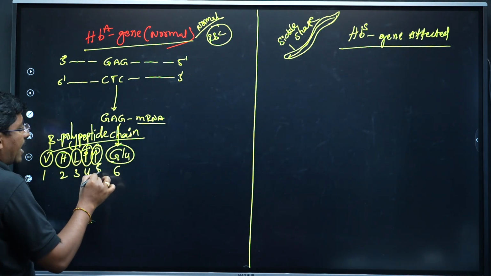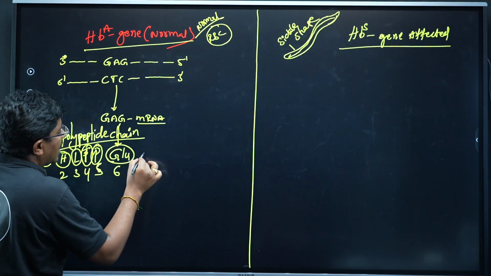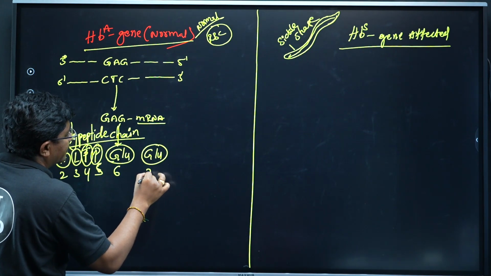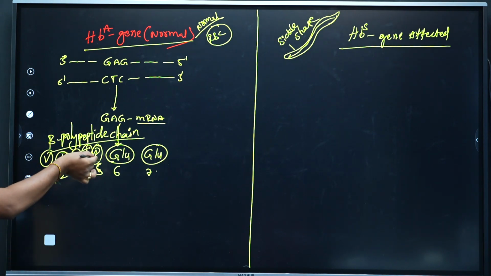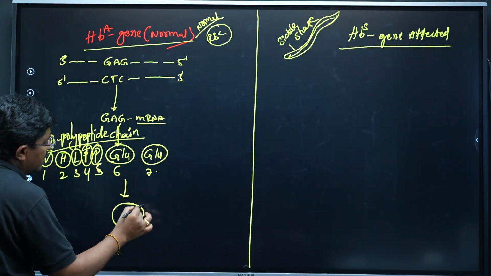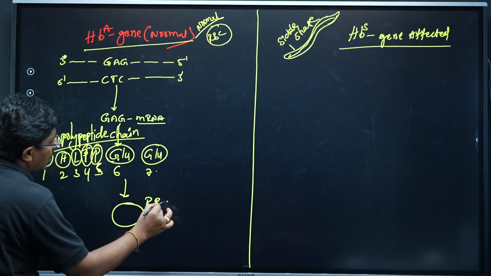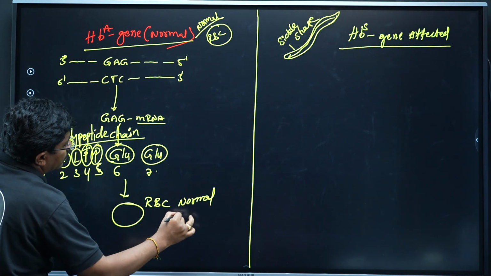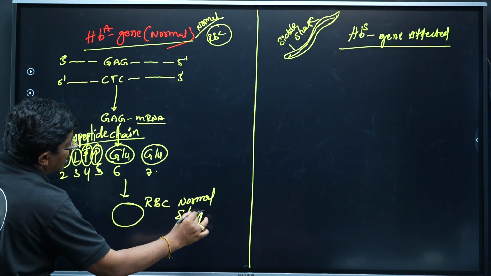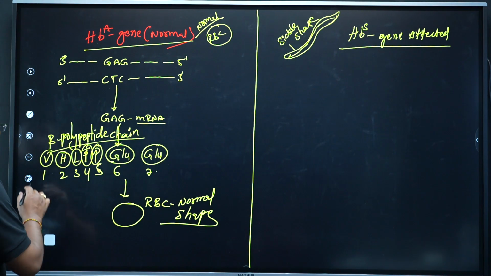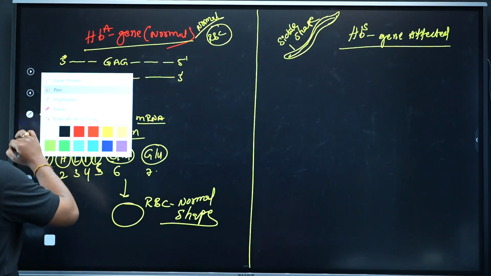Okay, and sixth one is glutamine, and seventh one also glutamine is there. Okay, in this condition, the RBC shape is normal. Normal shape RBCs are produced and normal hemoglobin is there. Okay, so it is one point.